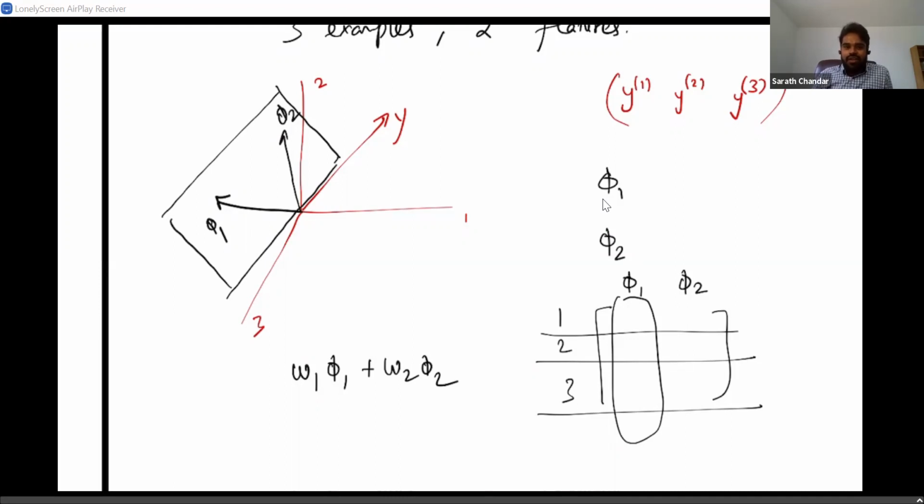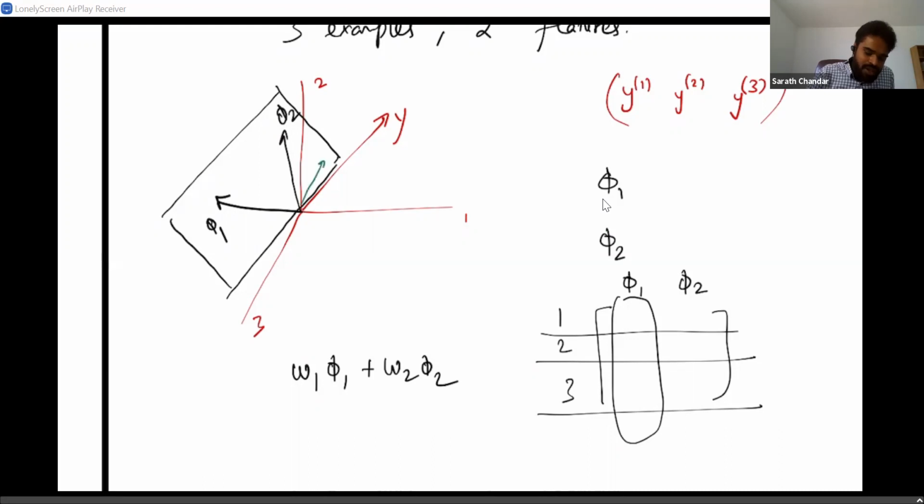We are interested in finding some prediction y hat which is as close as possible to the true y, right? So how would that work? For the closest possible y hat that one could get in this set of possible y hats, I'm going to use a different color.